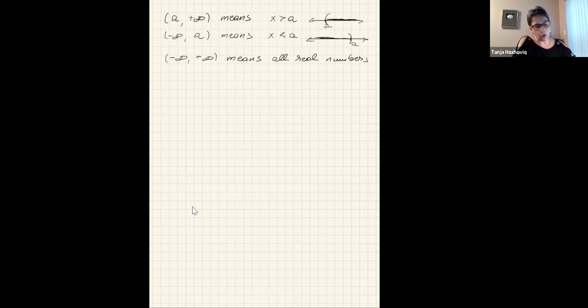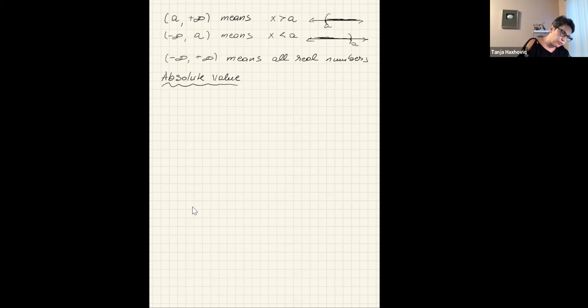Okay, so all of these are things that hopefully you have seen before. Let us talk a little bit about the absolute value, the notion of absolute value. So what do we mean by the absolute value of some number A? Here is a definition.